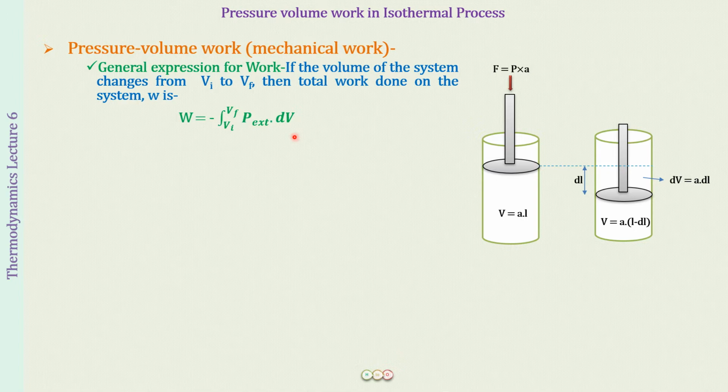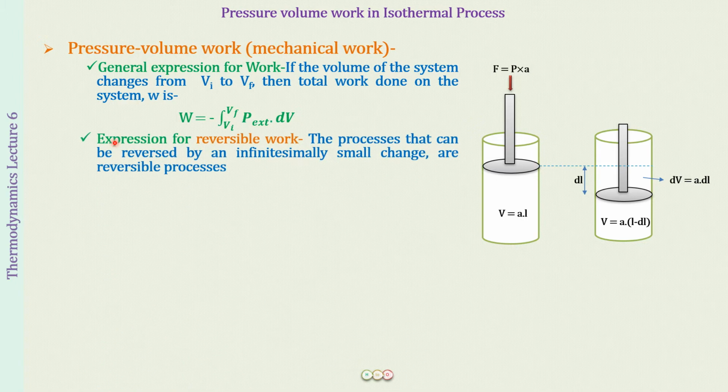Okay, the next thing, from this derivation we came up with the expression for reversible work. A reversible process is that process which can be reversed by an infinitesimally small change, right? And this is what we discussed in lecture number 4, what is a reversible process and what is an irreversible process, and the expression for work we developed in lecture number 6.